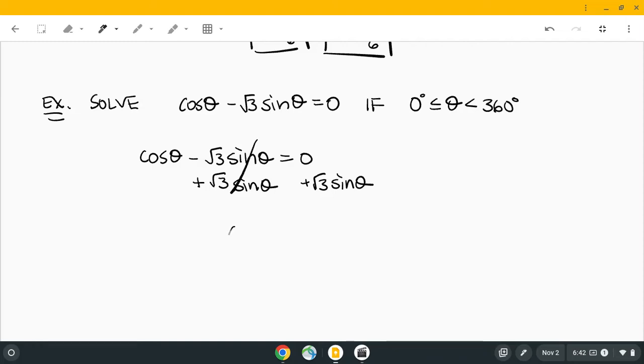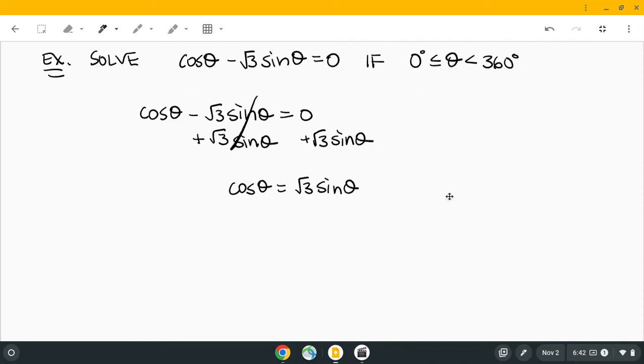Okay, so I get cosine theta equals square root 3 sine theta. Okay, and I'm going to try that squaring method now. If I square this side and I square this side, okay, so that's what we're doing here. We are squaring both sides.